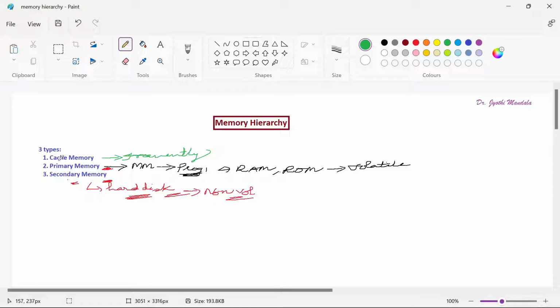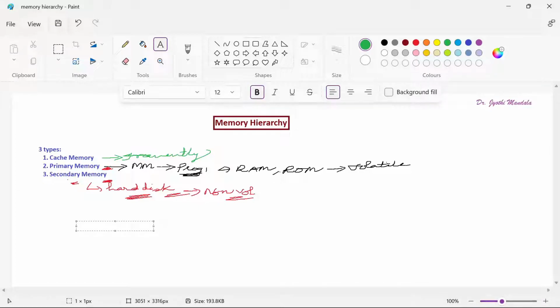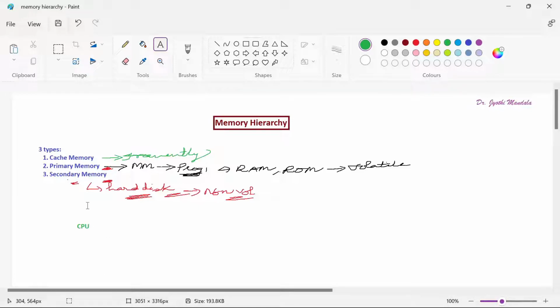Cache memory is available in the processor itself. Here you need to understand. Let me show you one simple example. If this is the CPU, and if the CPU wants to execute anything, it will first check in the cache memory. So you will have a cache memory.